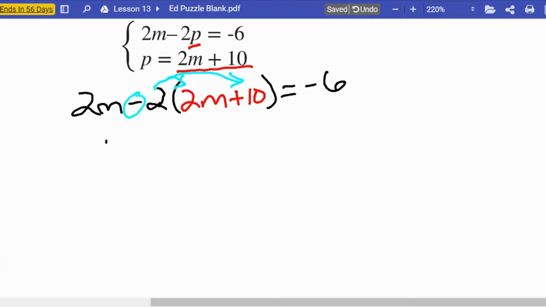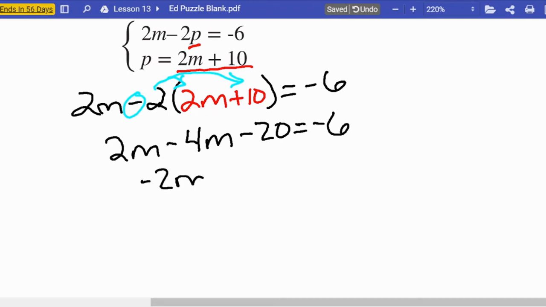So what that looks like is 2m. Negative 2 times 2m is a minus 4m. Then negative 2 times a positive 10 is a minus 20. So again, we have to distribute this negative along with the 2. And that is equal to negative 6. Then we simplify. So we have negative 2m minus 20 is equal to negative 6.